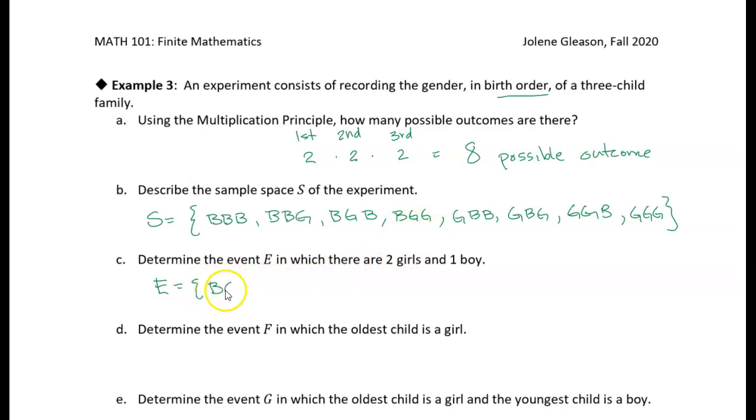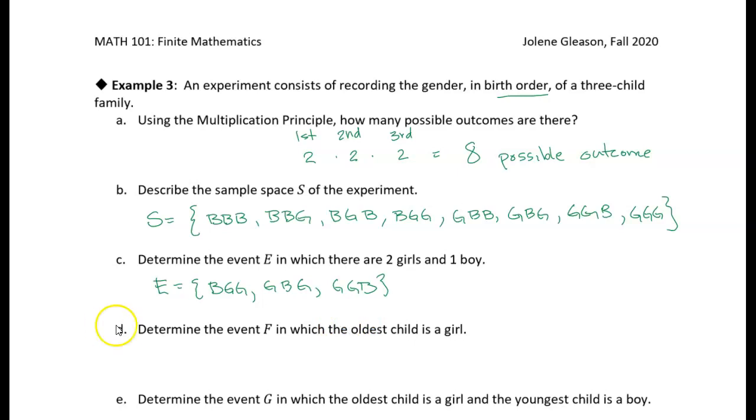So we'd have boy, girl, girl. We could have girl, boy, girl, right? Or we could have the girl, girl, boy case, right? I think those are all of the possible outcomes that have 2 girls and 1 boy. Okay, just depends on who's the oldest, right? So that's our event E.